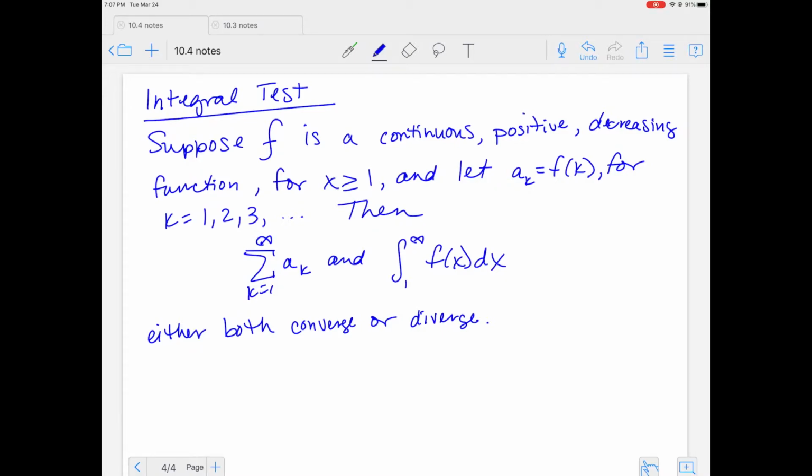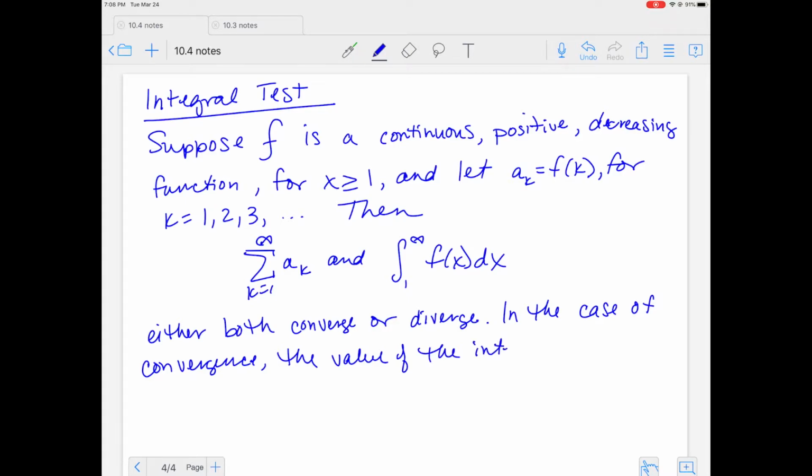In the case of convergence, the value of the integral is not equal to the value of the series.